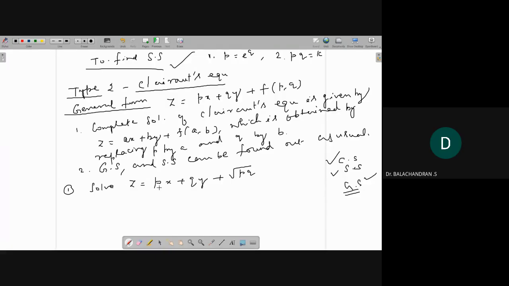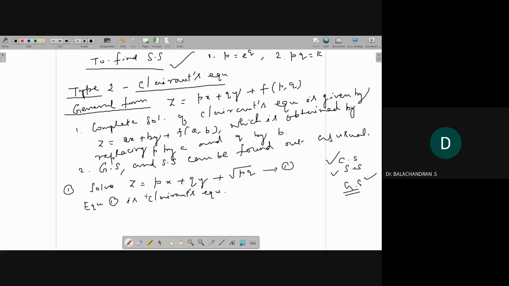First, you should identify that this is a Clairaut's equation. That is very important. You call this equation 1. So equation 1 is Clairaut's equation, because this is the form z equal to px plus qy plus function of pq.